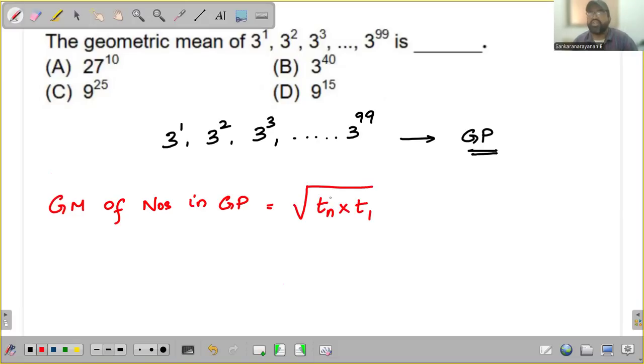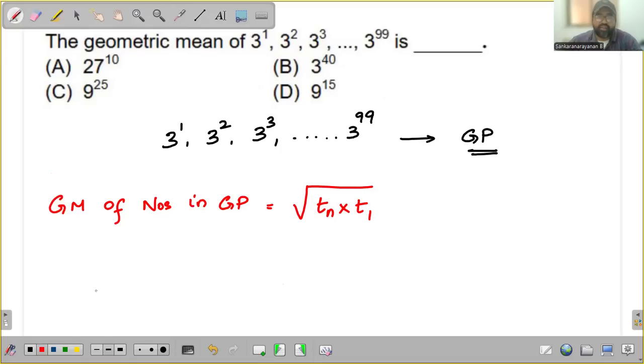This is more than sufficient, so this is the shortcut which you have to use. Please note, if the given numbers are in geometric progression, in order to find the geometric mean it is sufficient to take the square root of the product of the last term and the first term.